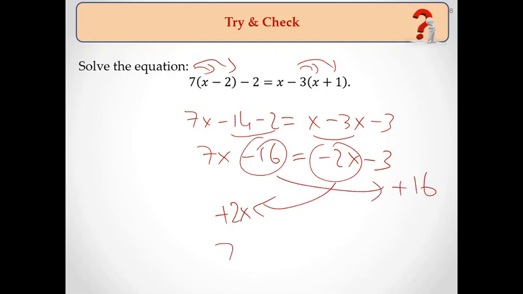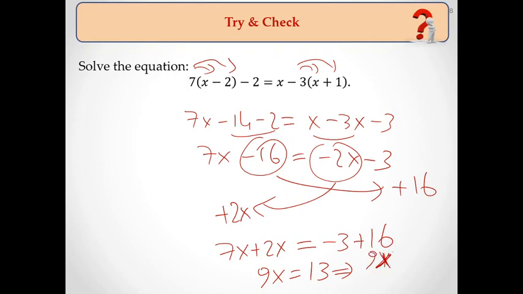So it will be 7x plus 2x equal to negative 3 plus 16, and this will give us 9x equal to 13, and this will give us x, so 9x is 13 divided by 9. So you got x equal to 13 over 9.